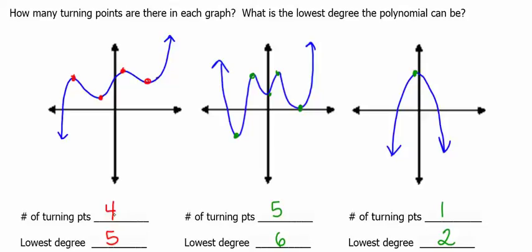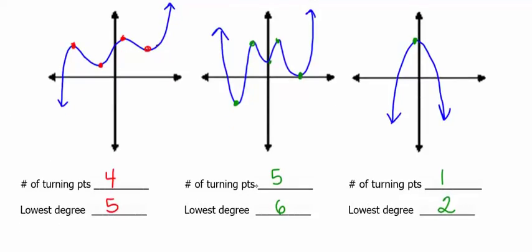So if I keep the number of turning points at 4, this is either a degree 5, a degree 7, a degree 9, a degree 11. If the number of turning points is odd, then we have to have an even degree polynomial.